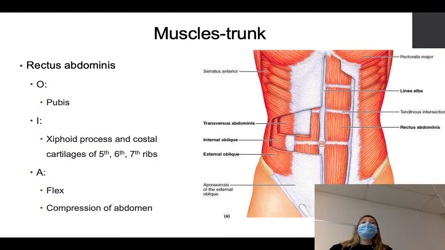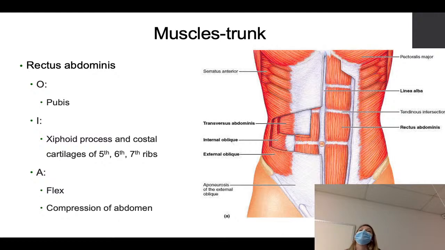Your rectus abdominis is going to originate from the pubis, so right in the front, that pubic bone. Starting all the way down here, pubic bone. It is going to insert on the xiphoid process, which we know is the tip of the sternum. So coming all the way up from pubis to xiphoid process.